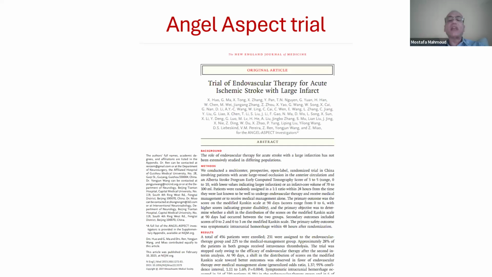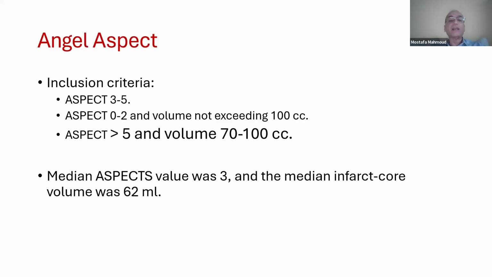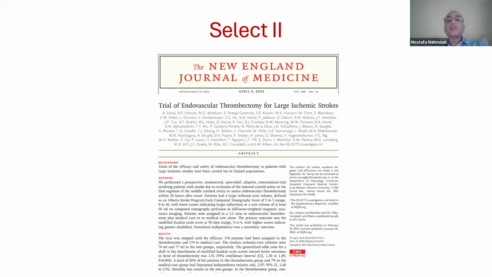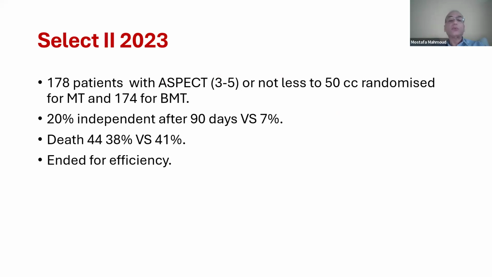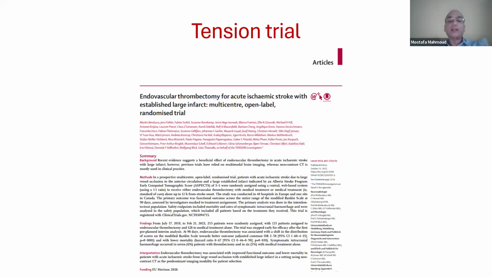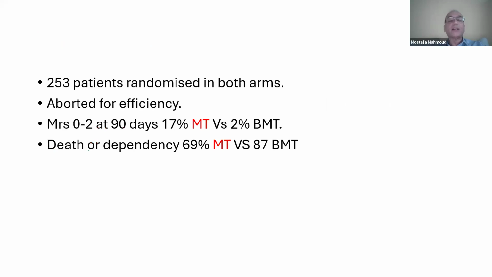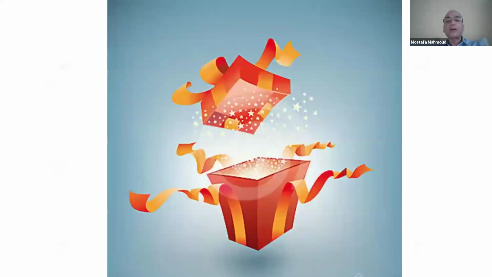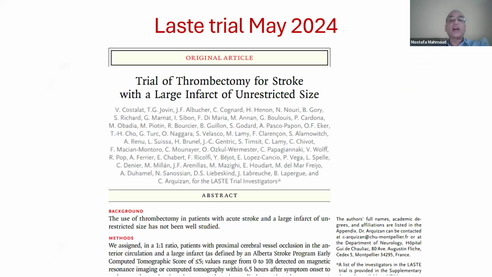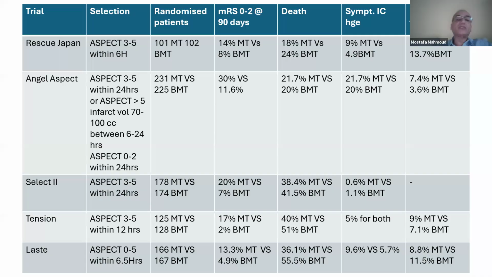Then came ANGEL-ASPECT in 23, then SELECT2, then the TENSION trial in 23, then the last trial in May 24. So please have a look at this table. These are the trials for large core strokes.